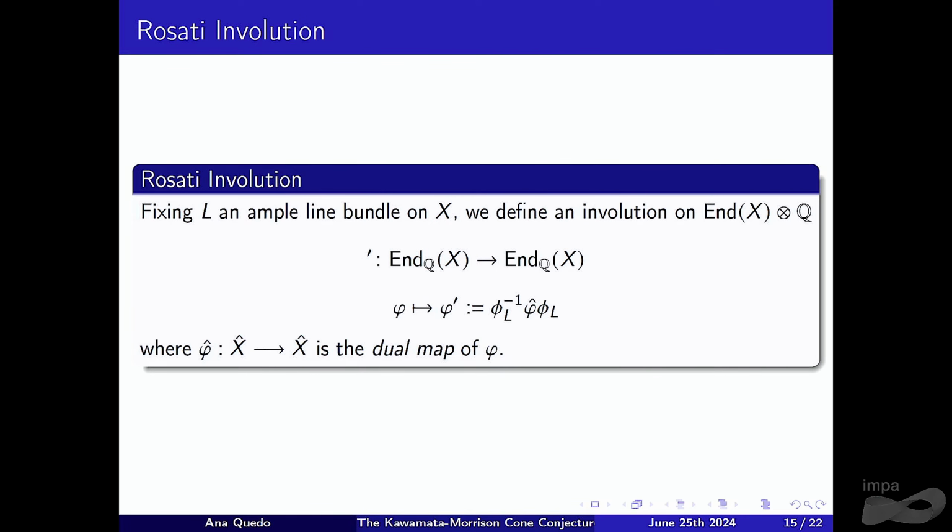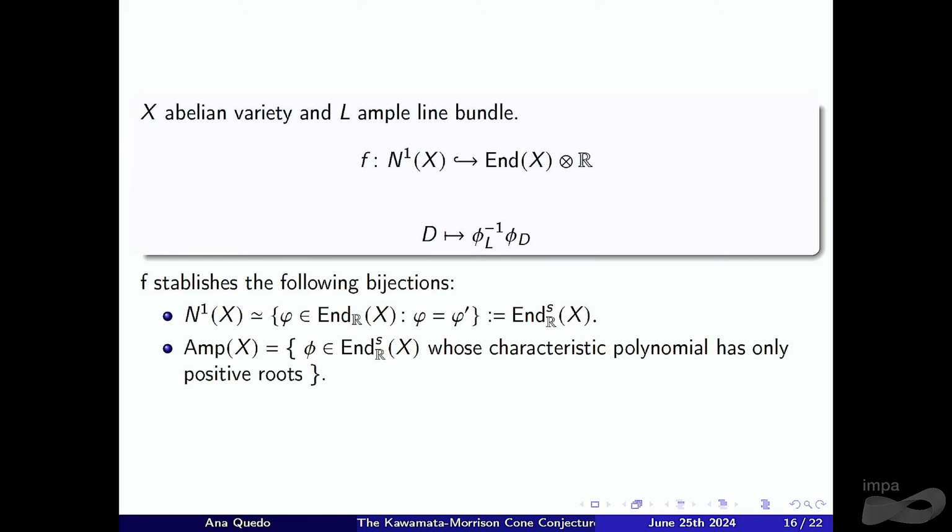And using this definition, we can define an involution on my endomorphism algebra over Q. And why is this involution nice?